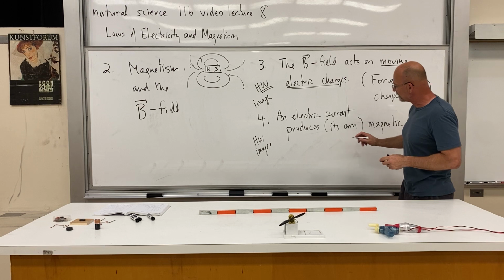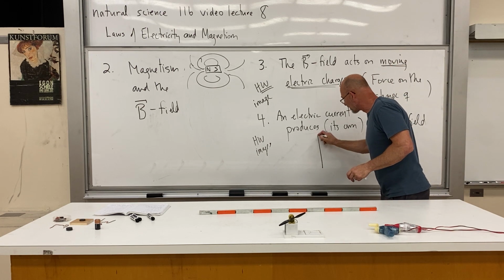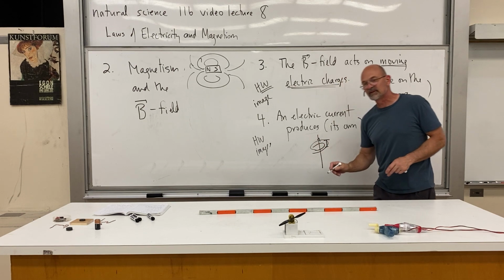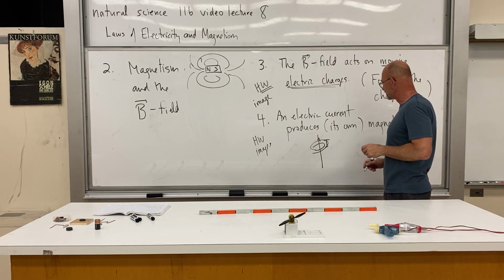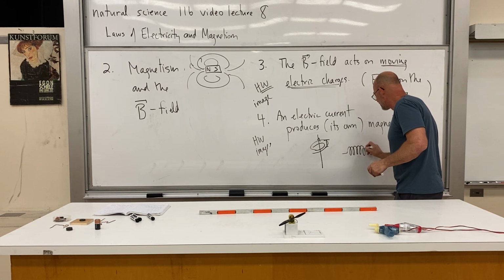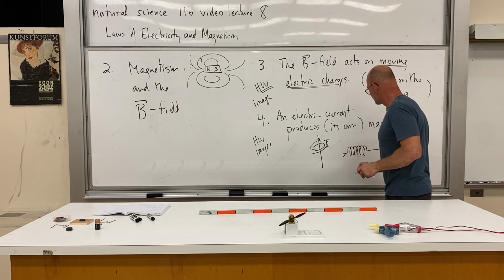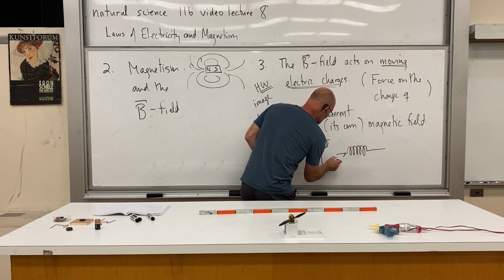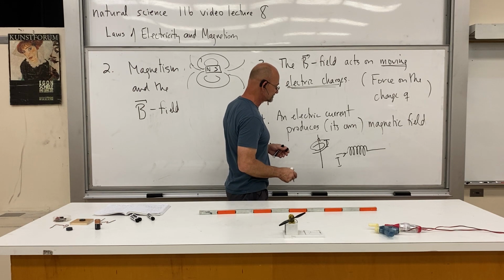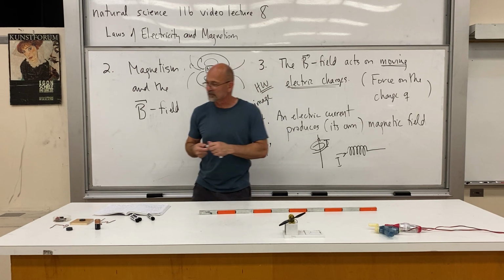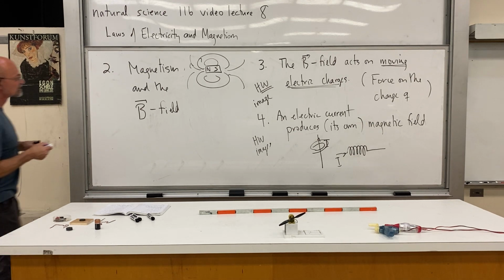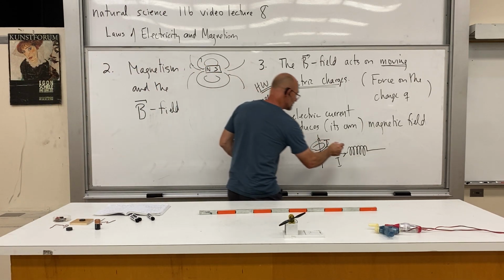In particular, a straight wire current produces circular magnetic fields, concentric circular magnetic fields, and what's called a solenoidal current. So if you have a current in a wire that's wrapped around something, I'm going to grab another color for this one, it will produce a magnetic field that looks just like this one up here, which is kind of amazing.